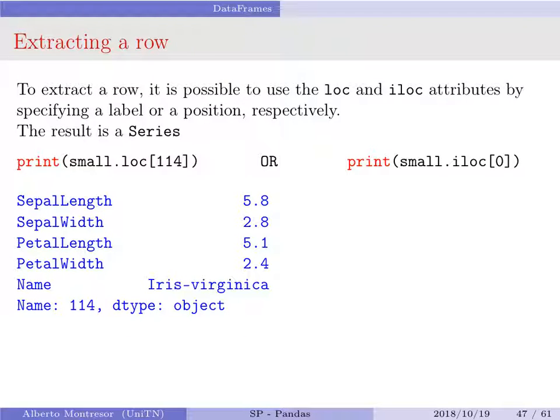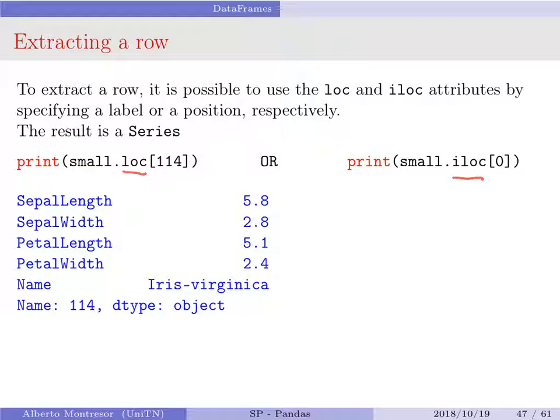Now you can extract a row, okay, and here you have a problem: the index of your data sets, so the labels of the rows, are numbers, but you want to extract. You can treat them as numbers, so identify them by position, or as labels, so you can make a little bit of confusion. This is why we have loc and iloc.